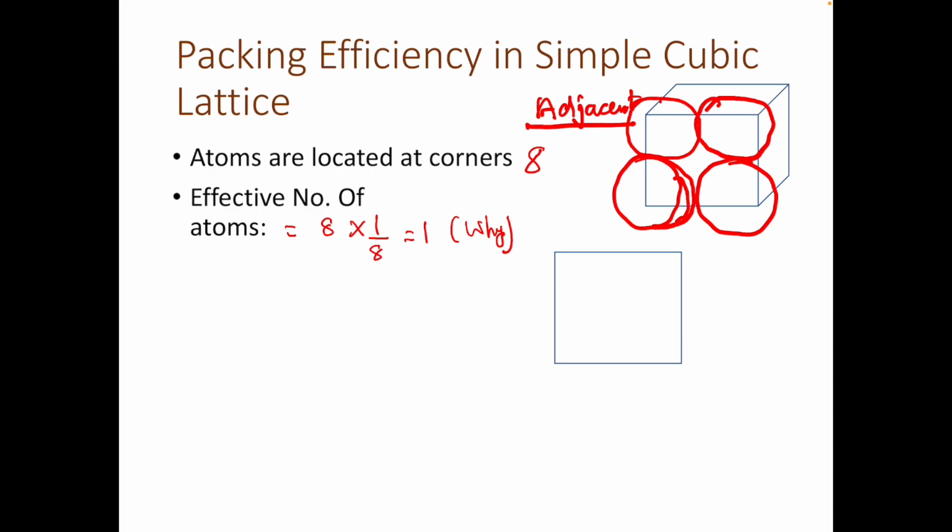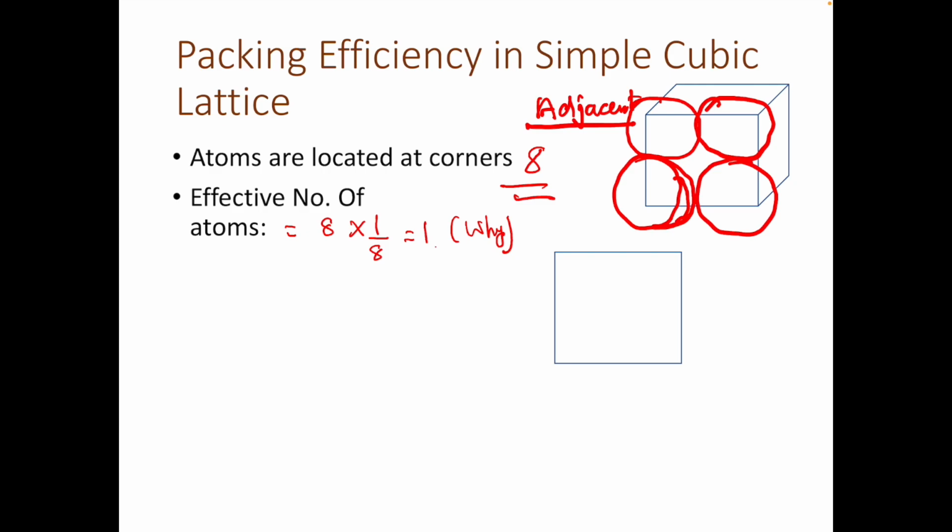And there are 8 adjacent unit cells which share the 8 atoms. So the effective number of atoms in one unit cell is 8 into 1 by 8, equal to 1. Now I think it is clear why the number of atoms is taken as 1.